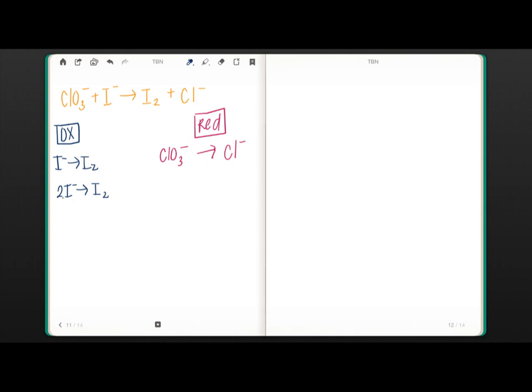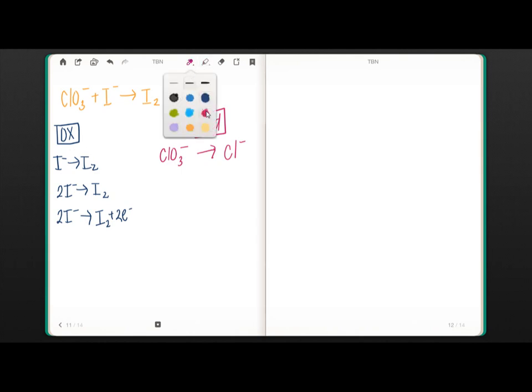So you have 2 minus over here, and you have a 0 charge here. So you need 2 electrons on the product side. So it'll be written out as 2I minus going to I2 plus 2 electrons. And that is your balanced oxidation reaction.